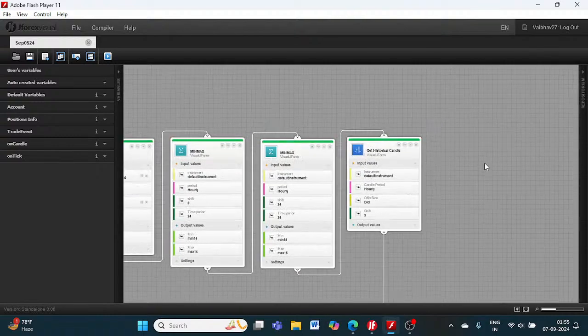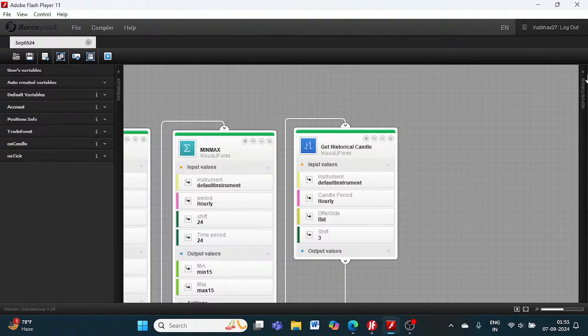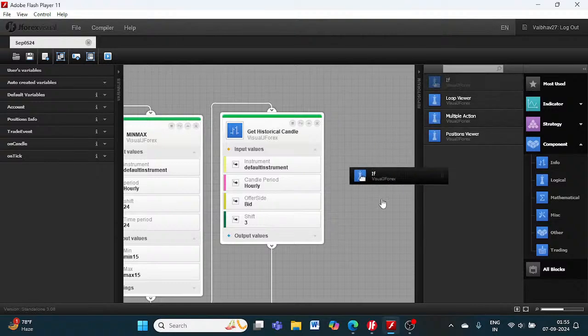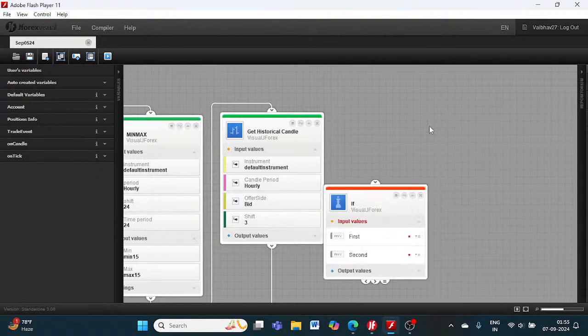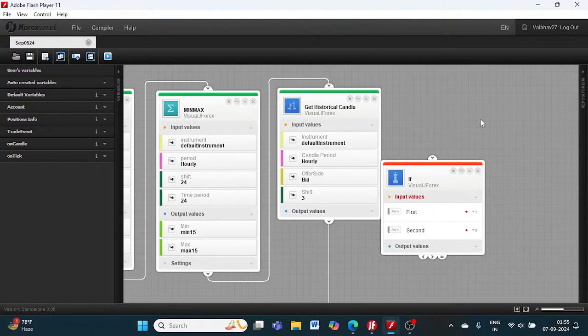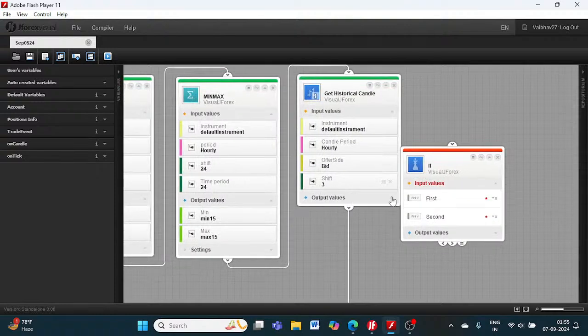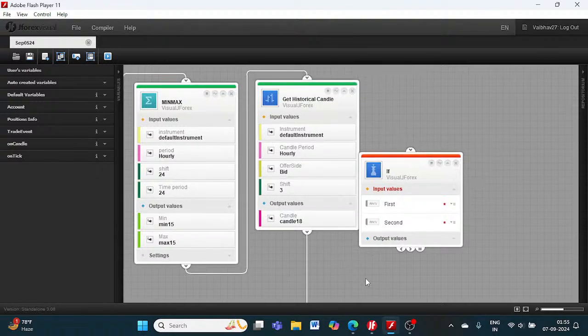Now we need to see if the hourly candle 3 candle periods back closed below the current SMA of the low price. So for that we need the candle 18's data.